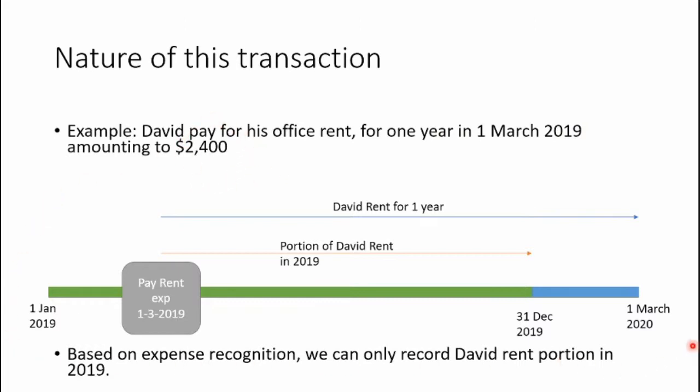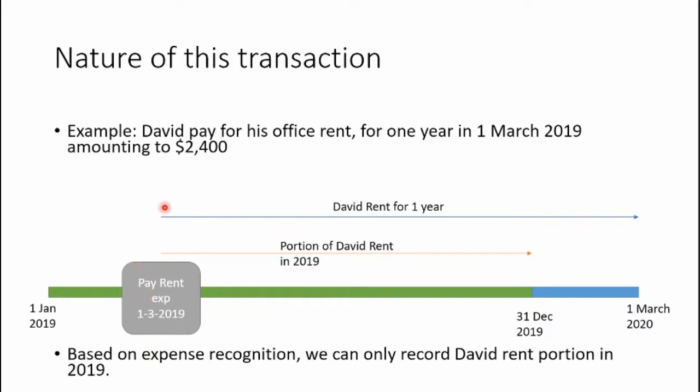So here we have the timeline to help us understand this transaction. The green line is the year 2019 and this blue line here is the year 2020. So imagine David paid here on March the 1st, 2019.